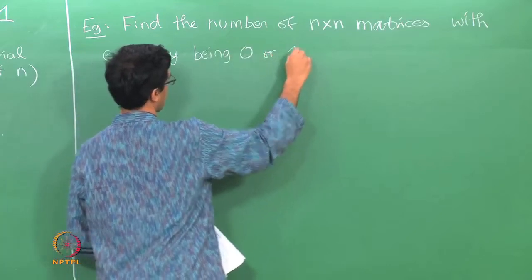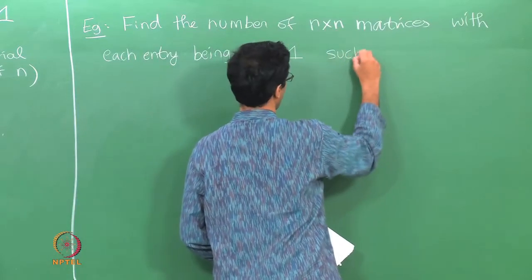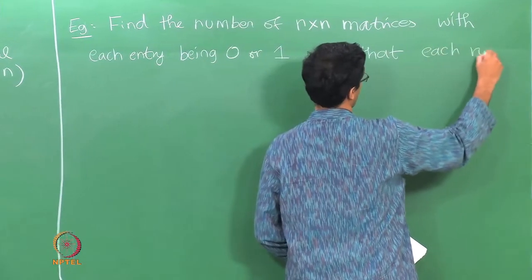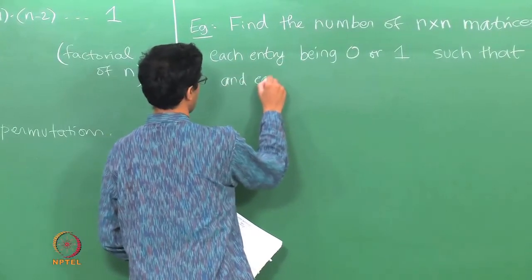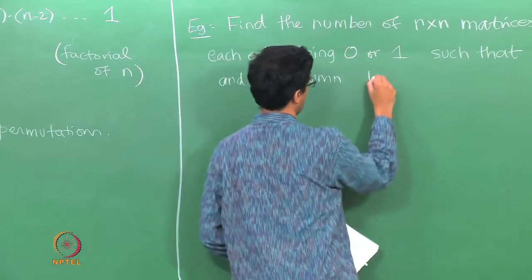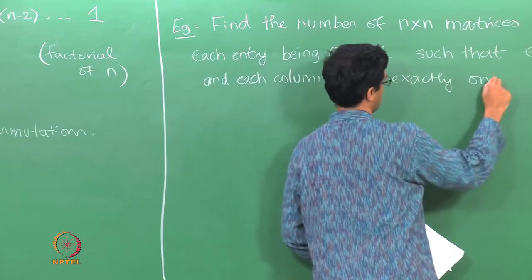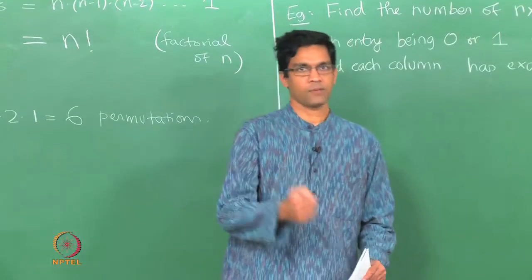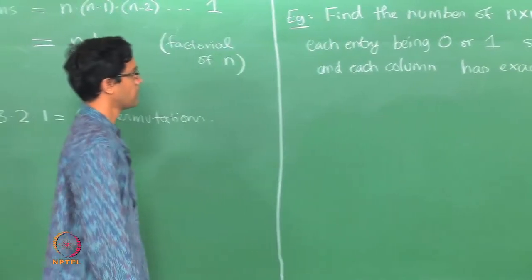Sometimes these are called 0 1 matrices, every entry is 0 or 1, with the following conditions such that each row and each column sums up to 1, or another way of saying it is it contains a single 1. Okay, every row has a single 1 and every column has a single 1.